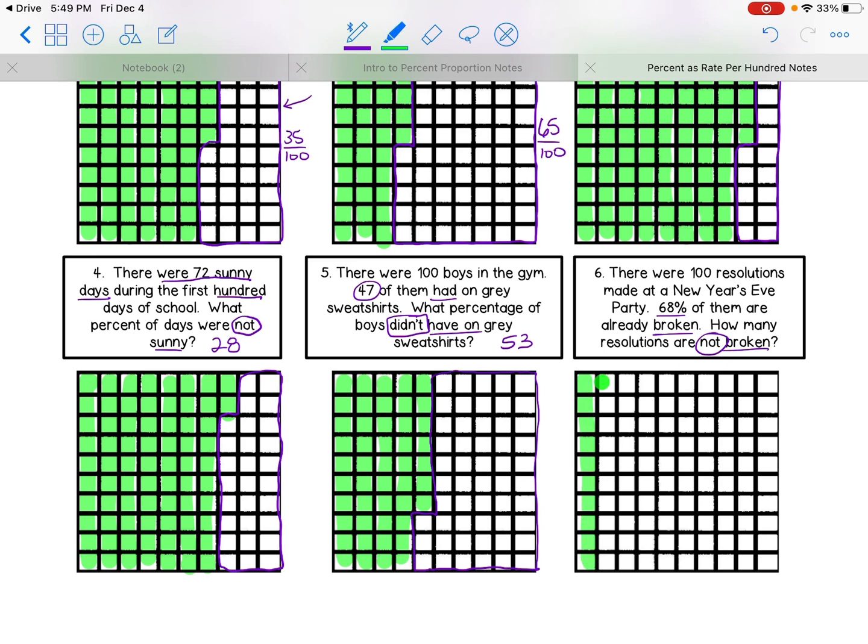Okay, so let's shade 68%. Okay, and then everything else that is left would be the amount that is not broken. So how many New Year's resolutions are not broken? And so the answer to this would be 32.